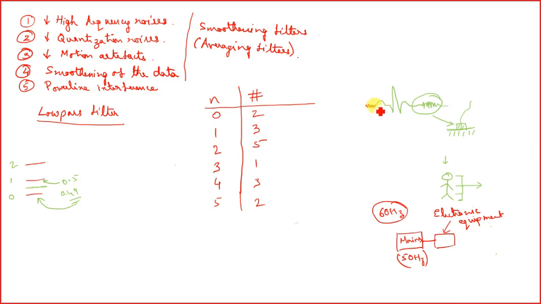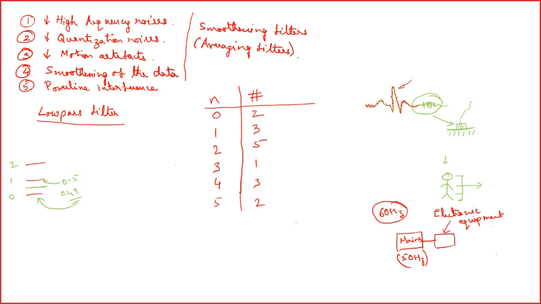So suppose this is the ECG signal. With the red mark you will be having something like this. But that will be repetitive in nature. That will be uniform all throughout the signal components.